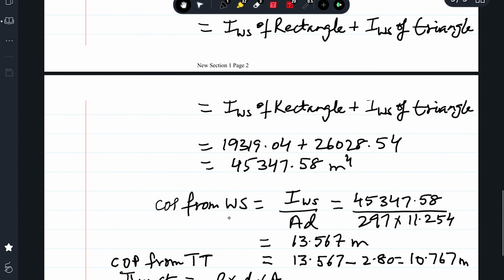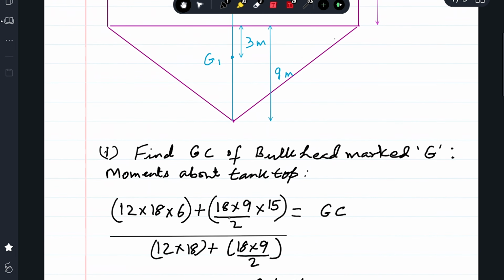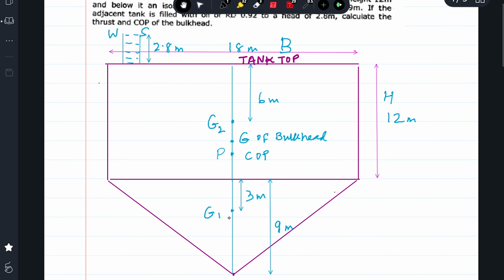Okay, that's all. That was how it is worked out. If there is a combination of two shapes, it can be any shape. There is also a question where the triangle has been given on top of the rectangle and the rectangle is below. So no change, no difference at all. The working remains the same.